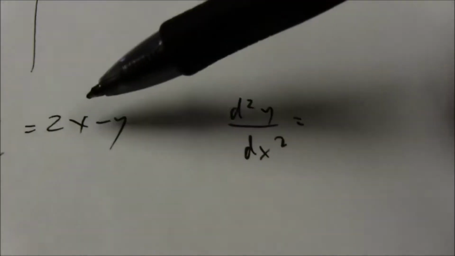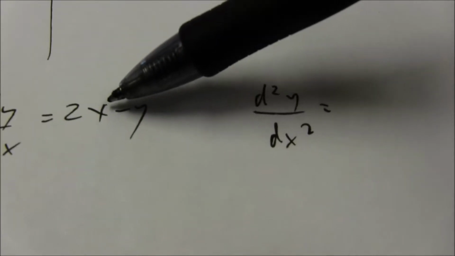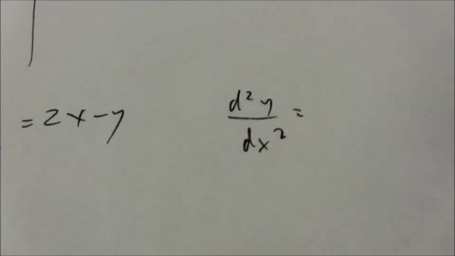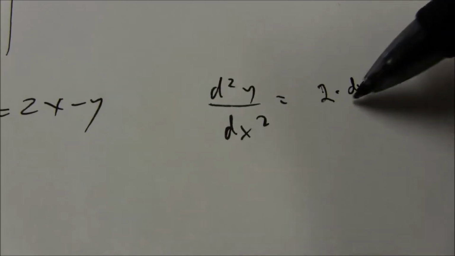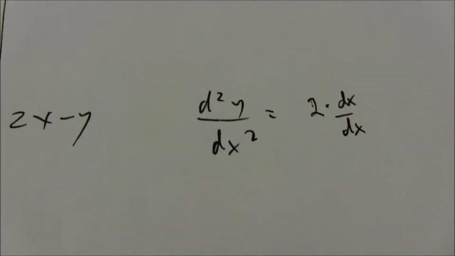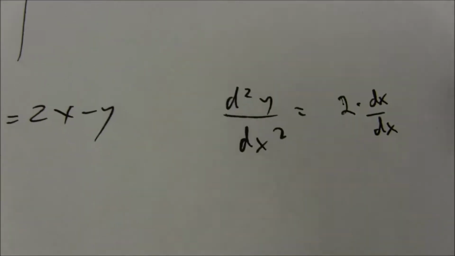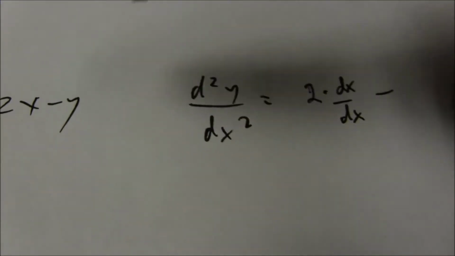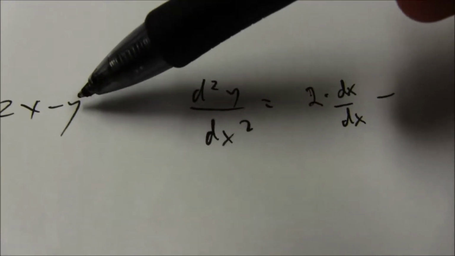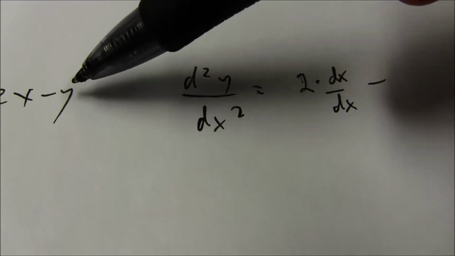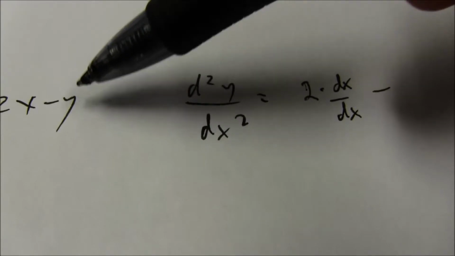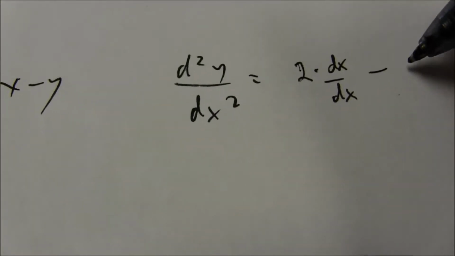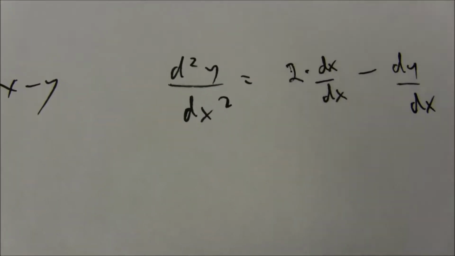So you can take the derivative of 2x with respect to x, and that derivative is 2. If you want to, you could say 2 times the derivative of the inside function with respect to x, which would be dx/dx if you're taking the derivative implicitly. And in the second part, you're taking the derivative of y with respect to x, which would be 1 times dy/dx.